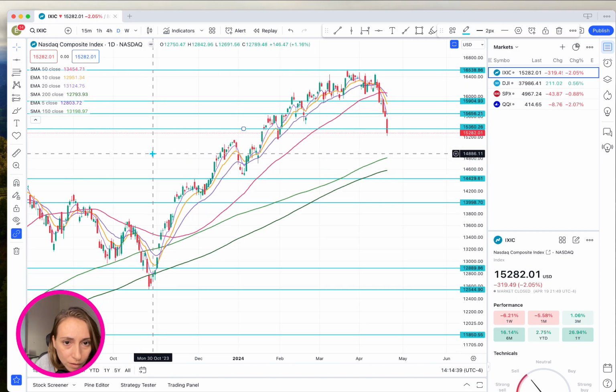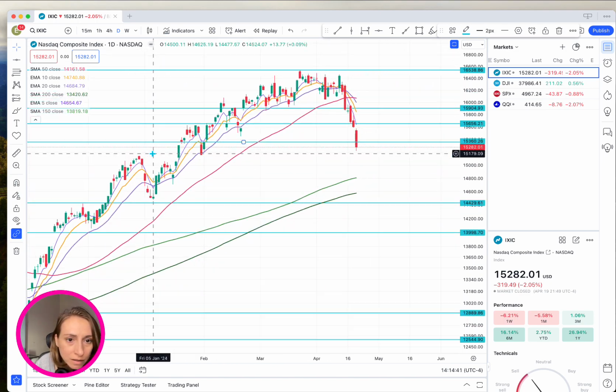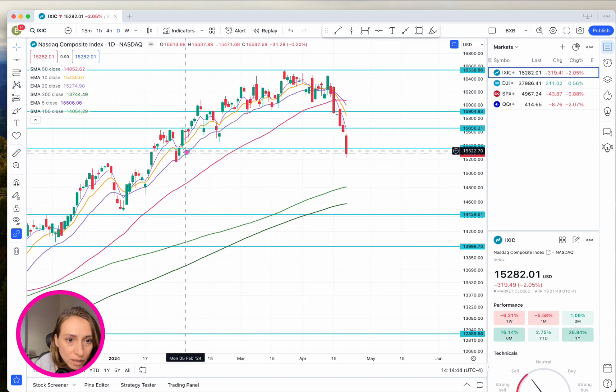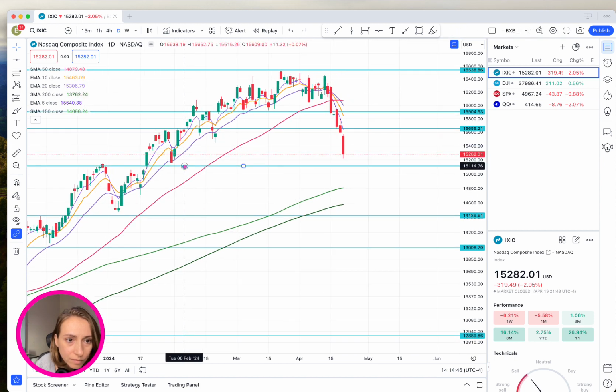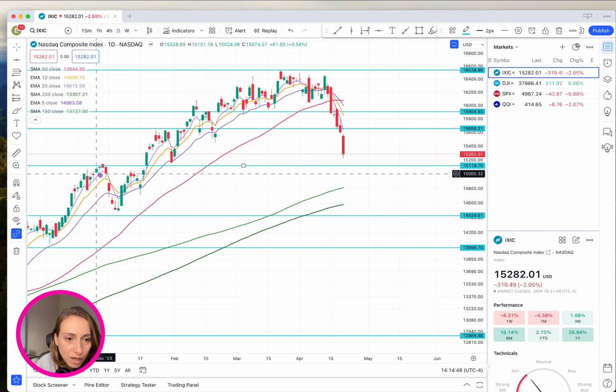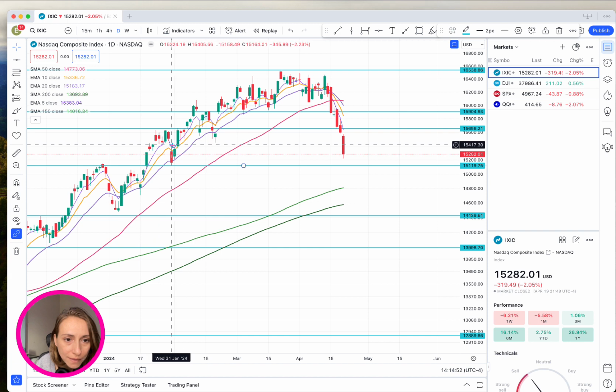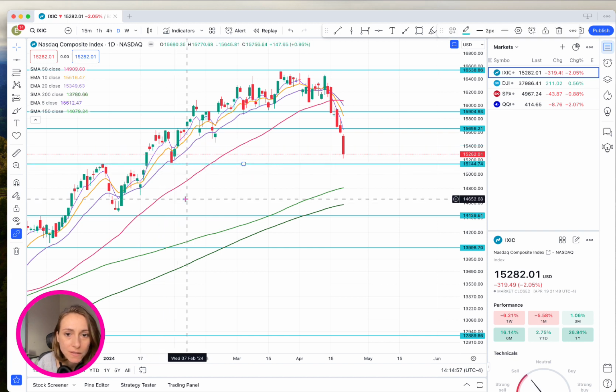I like mine to be here, where I've got one touch point, it rejected from it. Then it found support at that area, then it rejected back down to it. So this is where I'm happy with this line.